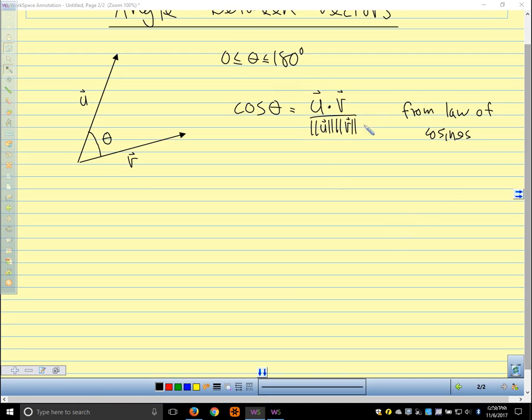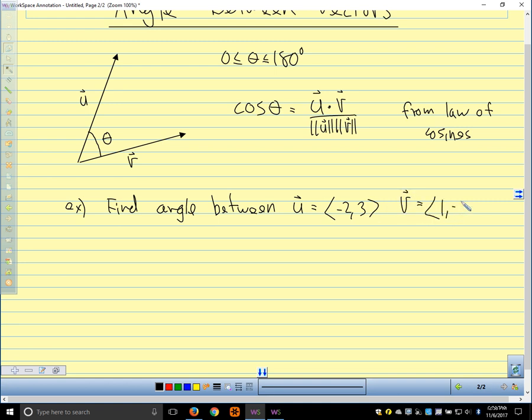All right, so let's look at a quick example of this. Finding the angle between two vectors is a useful piece of information. So we want to find the angle between the vector u, which is -2, 3, and v, which equals 1, -5.